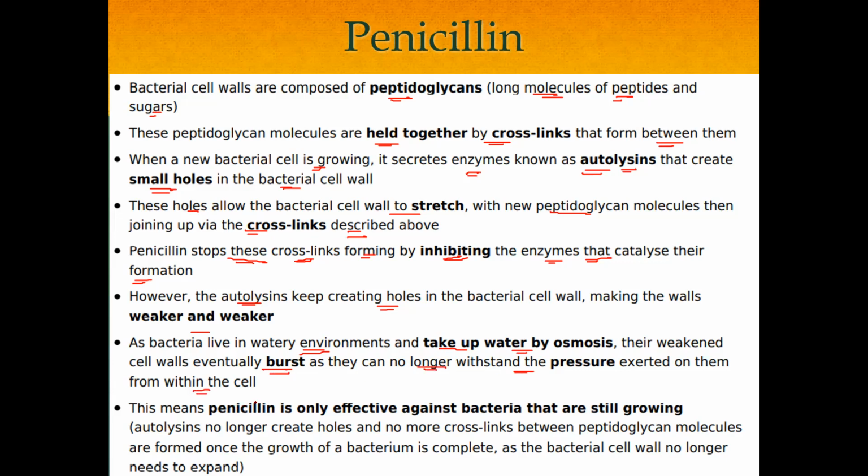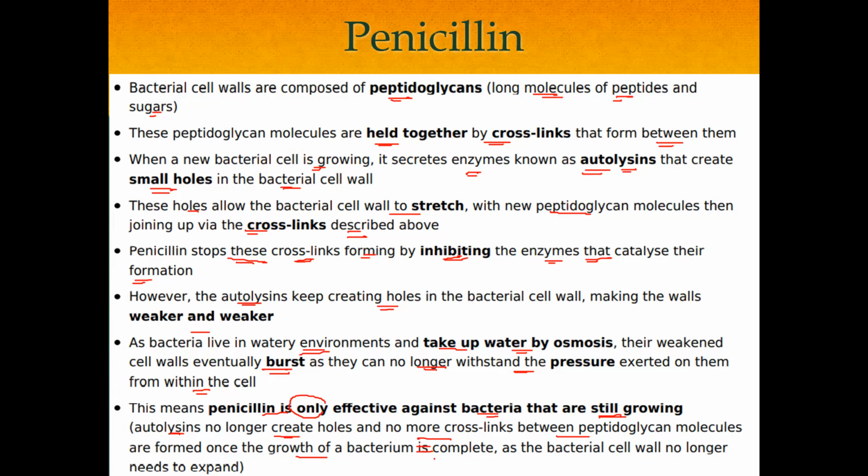This means penicillin is only effective against bacteria that are still growing. ठीक है, so mature bacteria के खिलाफ ऐसा इतना effective नहीं है. They are effective against bacteria that are still growing. ठीक है, so autolysins can no longer create holes and no more cross links between peptidoglycan molecules are formed once the growth of a bacterium is complete. So autolysins mostly growing bacteria के अंदर ही काम कर रहे हैं.